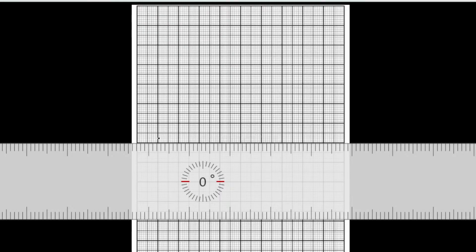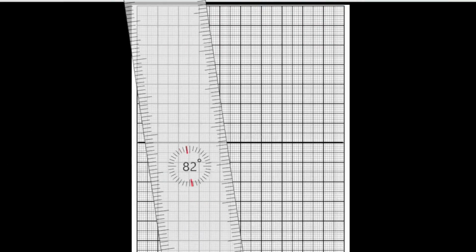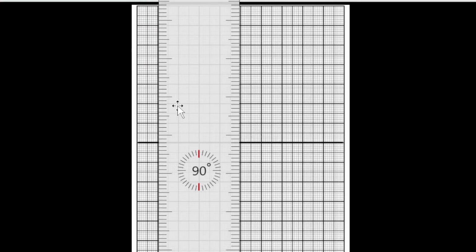So I'm just writing the values of x-axis and y-axis. Horizontal is x-axis and vertical axis is y-axis. The point of intersection is 0.